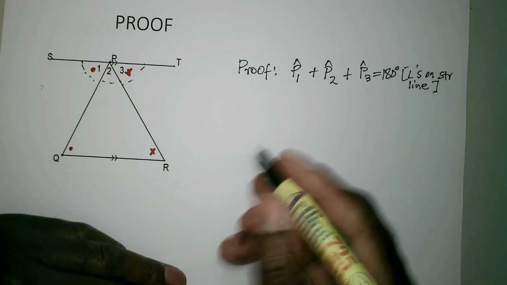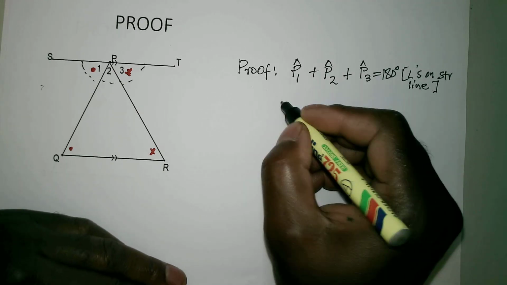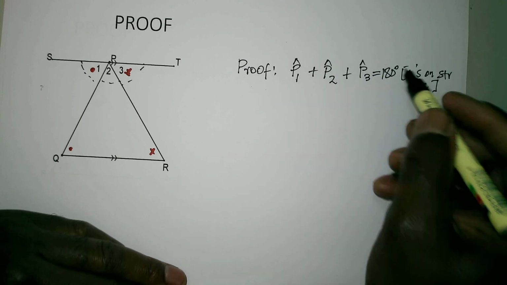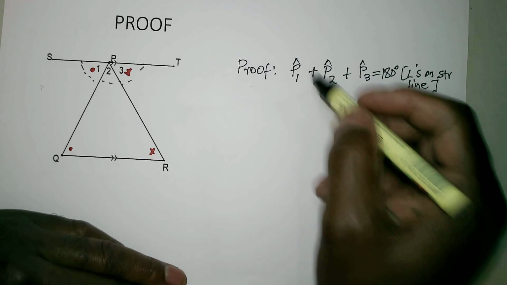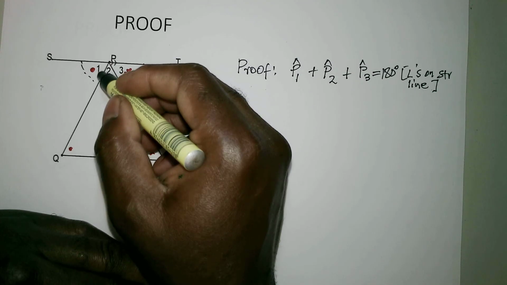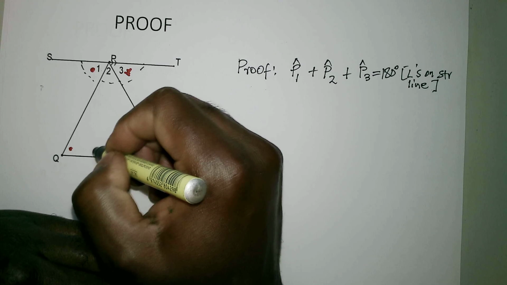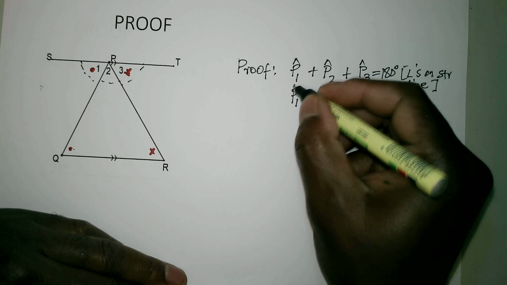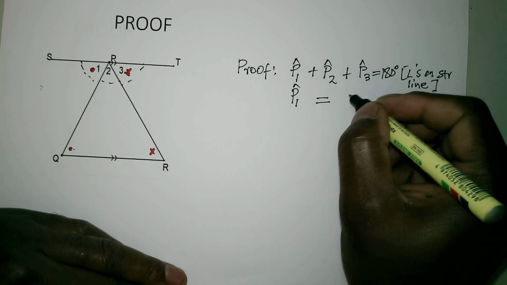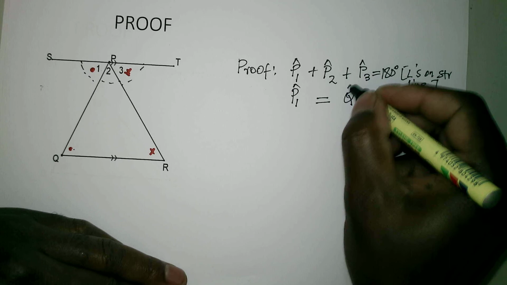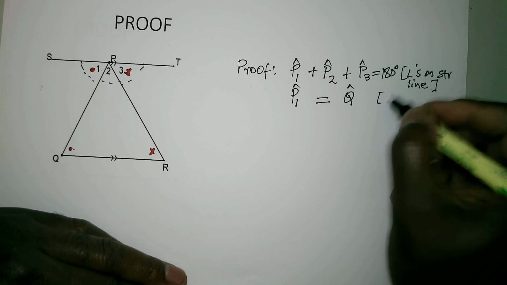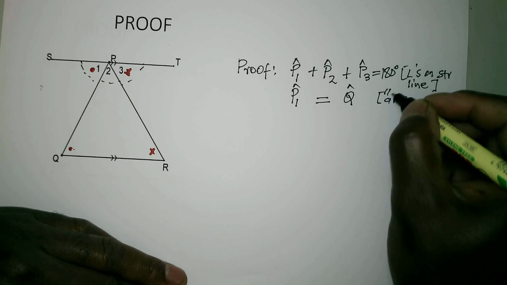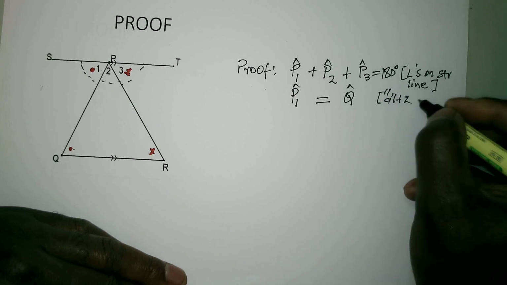So now let's continue. That is what we know. Perhaps we want to see how P1 is related to an angle in the triangle, any angle in the triangle. Already we found that P1 is equal to Q, parallel lines, alternate angles.